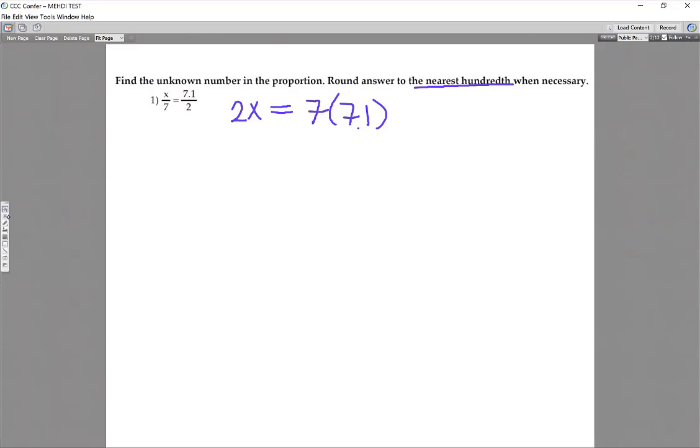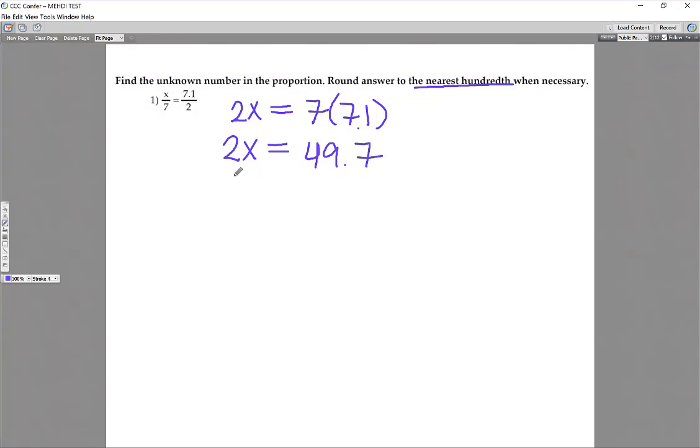Okay, and then for the part 2 of your final, you'll actually be allowed to use calculators. So make sure to bring a calculator. So we have 2x equals 7 times 7.1. 2x equals, so 7 times 7.1 is 49.7.